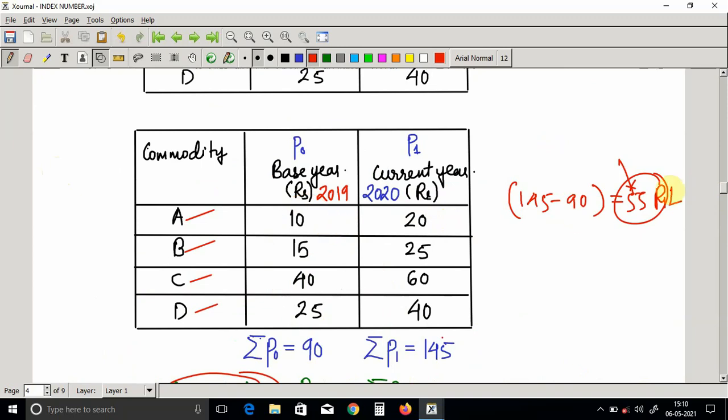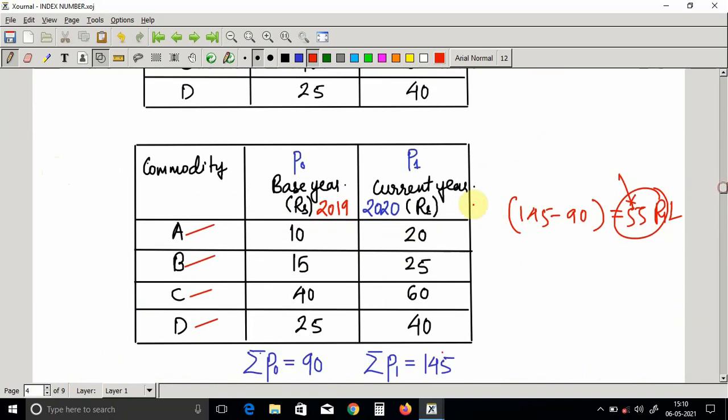What will happen if this rupees amount is gone, and what I'm recording is quantity, how much quantity I had purchased. Let's say this is in kg, or liters, or numbers. So now I am connected with quantity.